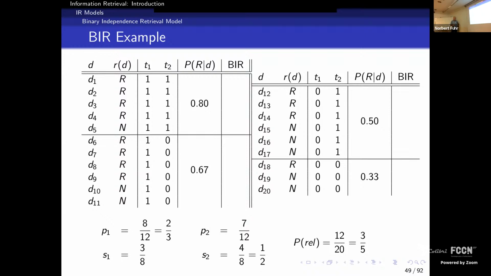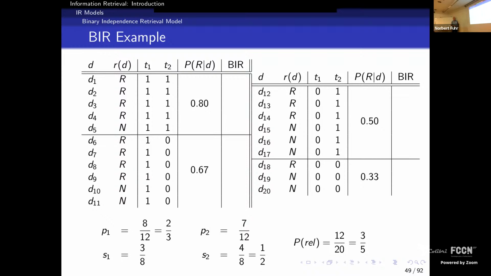And then for the first term occurring in a non-relevant document, we have altogether 8 non-relevant documents: 1, 2, 3, another 3, another 2. And the first term occurs here, here, and here. So 3 times in non-relevant documents. So it's 3 over 8.